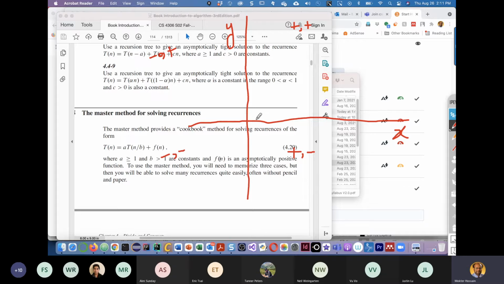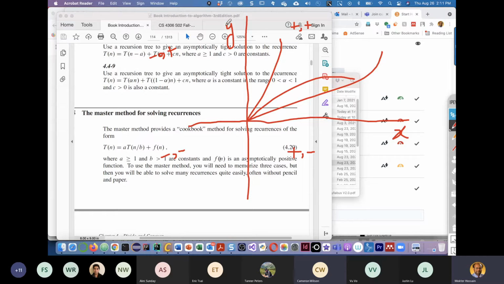A function might go this way or that way, we don't know yet. Asymptotically positive means it never will cross this boundary and go to the negative side. The y-axis is the boundary for the x value and the x-axis is the boundary for the y value.